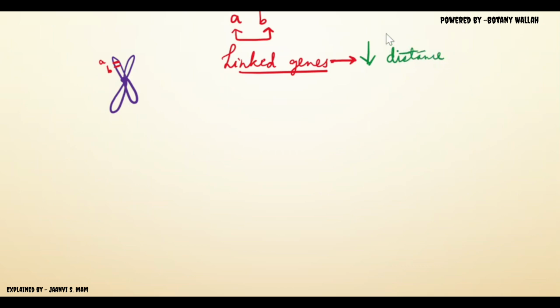Now one thing I will say: linked means that the closer the two genes are, the more likely they can inherit together. These two genes here are very close to each other, which means they can inherit together.